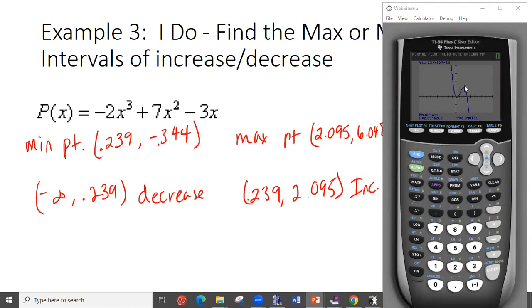And then from there to positive infinity, what am I doing? Decrease. So it's 3. So I have 3 intervals. It's going to be a decrease. When it's 2.095.